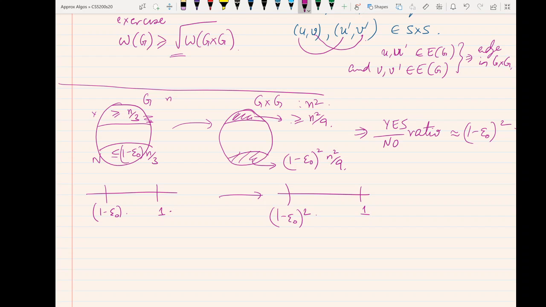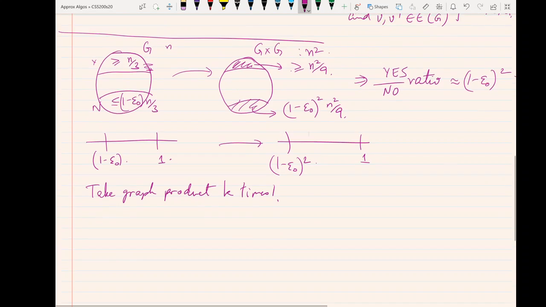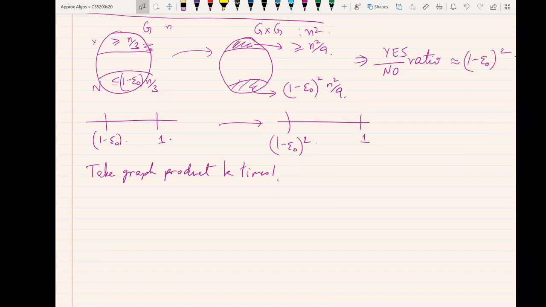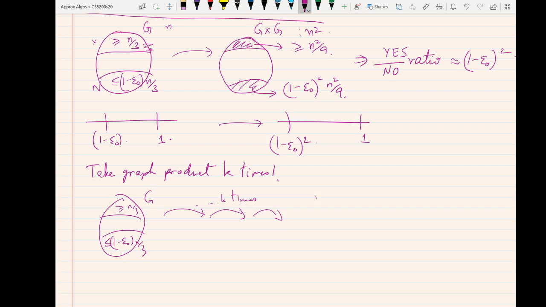But then why stop at just a two-way graph product? You could take the graph product some k times and still end up. So you started off with this. And what you would end up with is a graph which I'll call G raised to k.